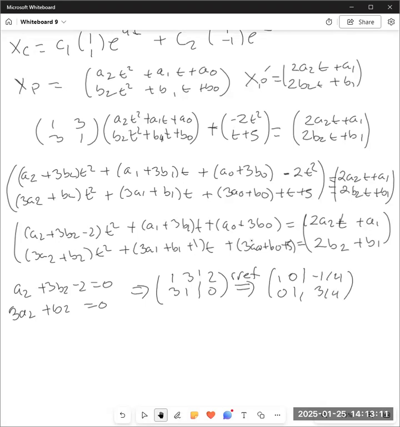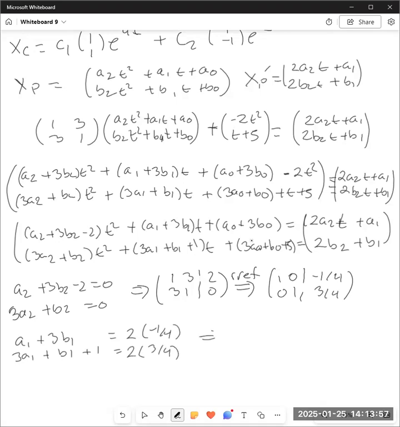Using those, I can come now and write my next system here, which is A1 plus 3B1, and then 3A1 plus B1 plus 1 equals 2A2. So A2 was -1/4 and B2 is 3/4.